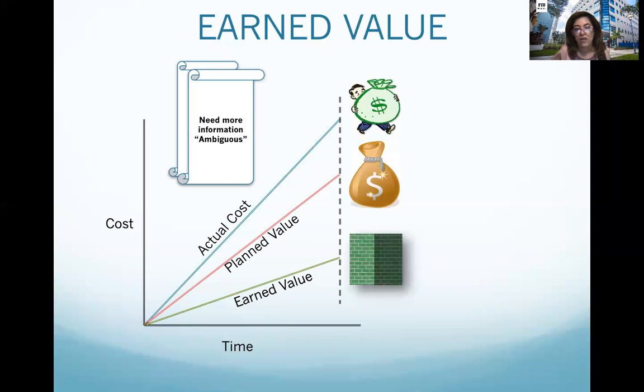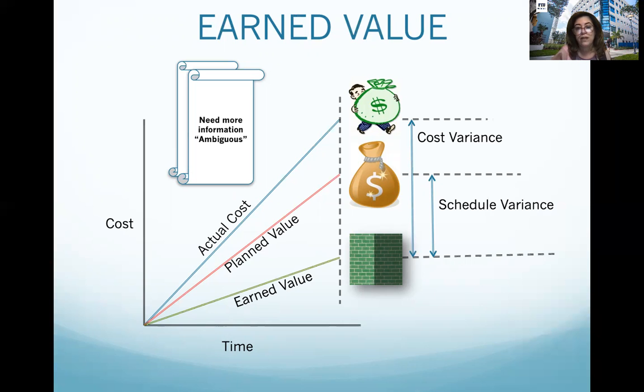Now we have the earned value information, we can calculate schedule variance using the planned value and the earned value. We can also calculate the cost variance because we need only the earned value and the planned value to calculate the schedule variance. To calculate the cost variance, we need the actual cost. So this is just about formulas.